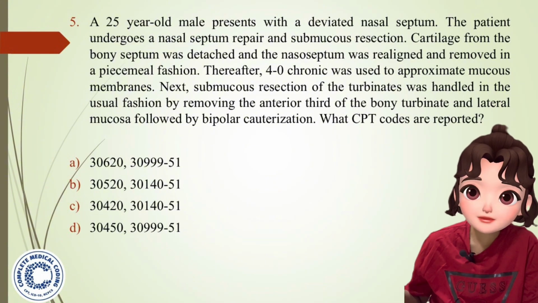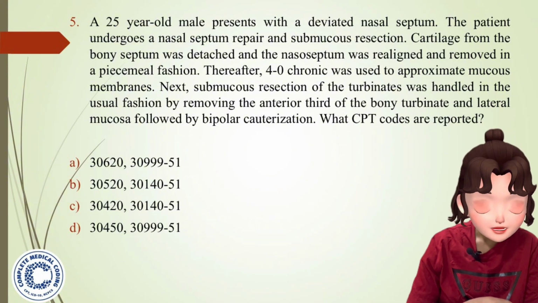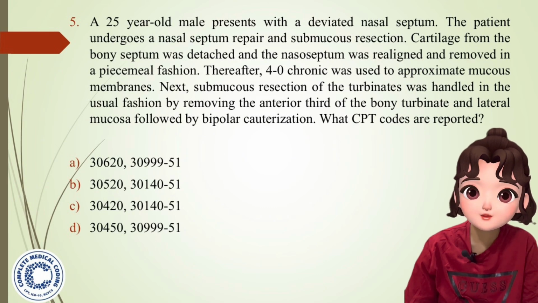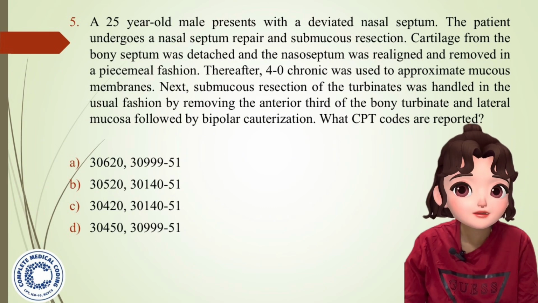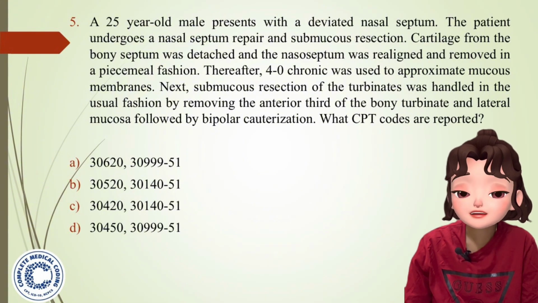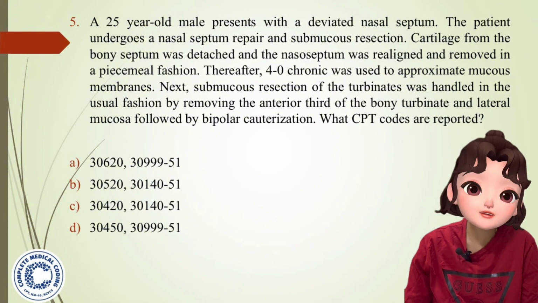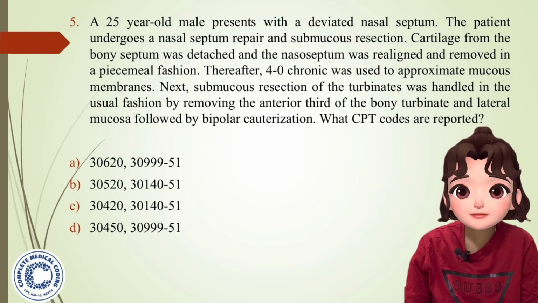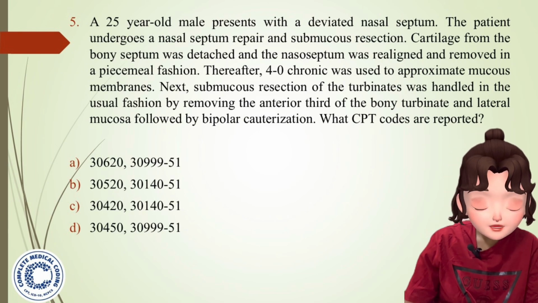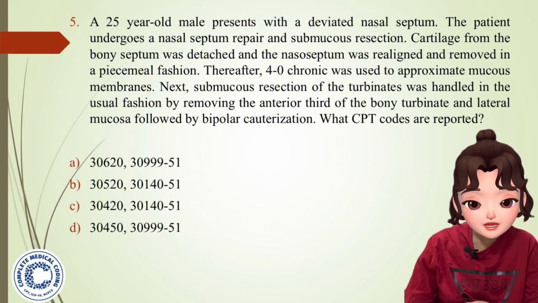So this submucous resection code you also have to mark, and then nasal septum repair, that is septoplasty, that also you need to code. So two codes. Since it's a multiple procedure, you have to append the second code with the modifier 51. Since you already got the answer, we will still check the other codes and explain.